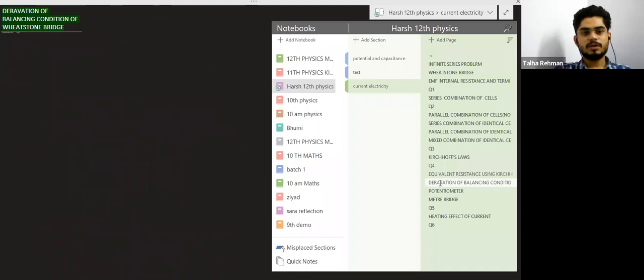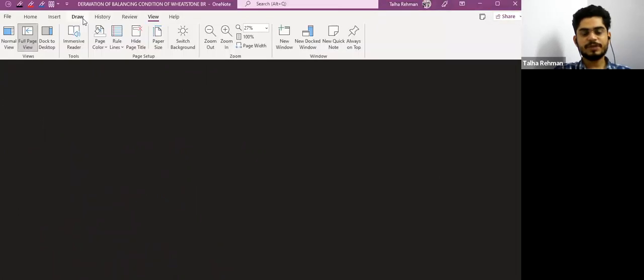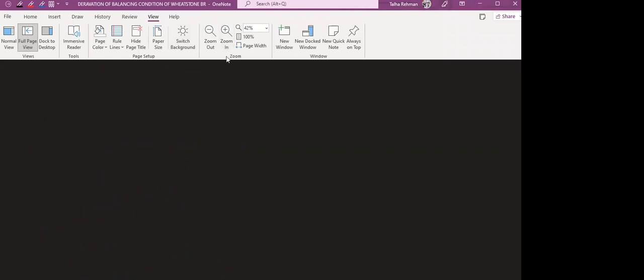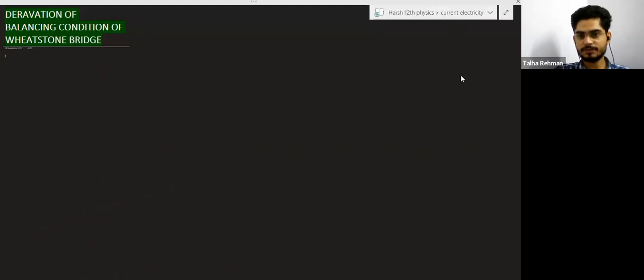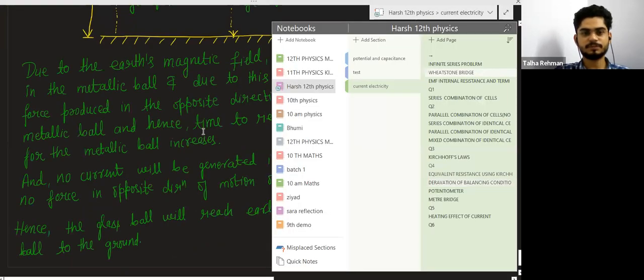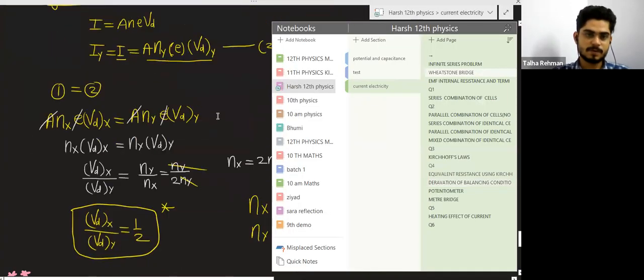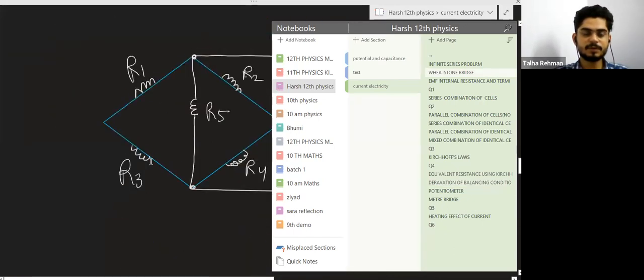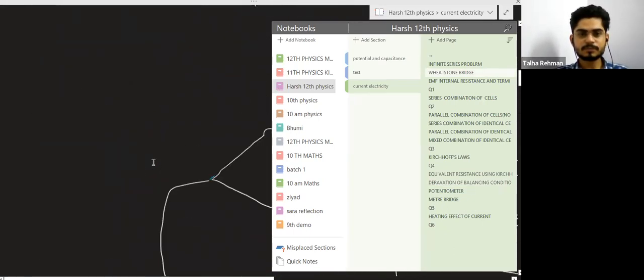Now we have already studied the Wheatstone bridge. This is the Wheatstone bridge I have told you about, not this.